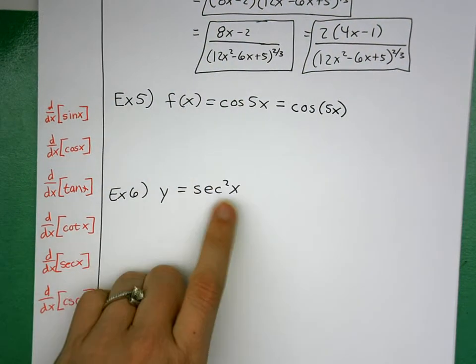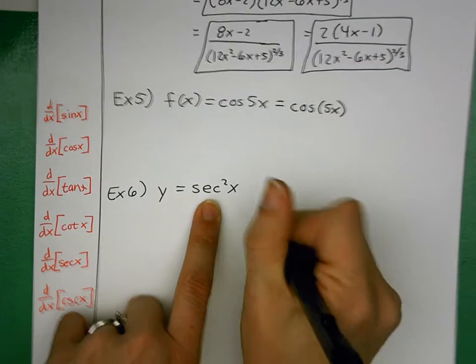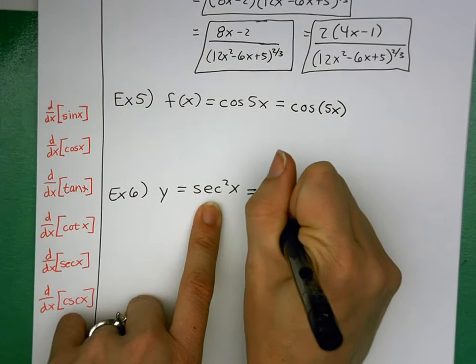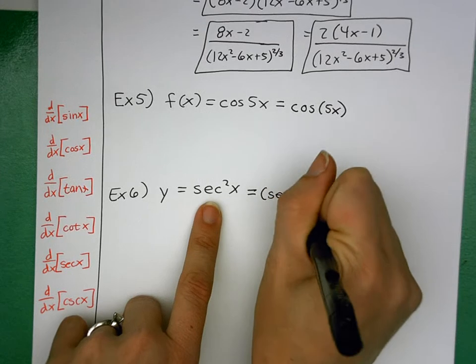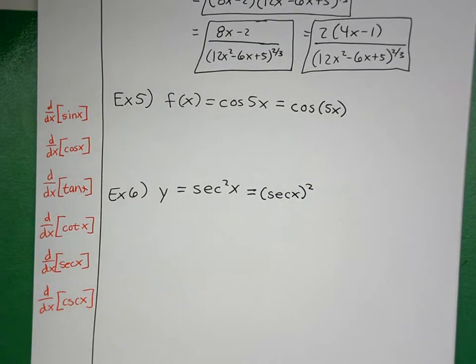In example 6, my number is with the secant, which tells me that my parentheses are around the secant component. And so where that number is located is going to be very communicative for you as to where your parentheses are supposed to be, and it's going to help highlight how the chain rule plays out.